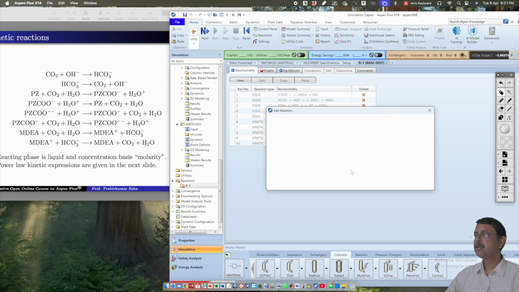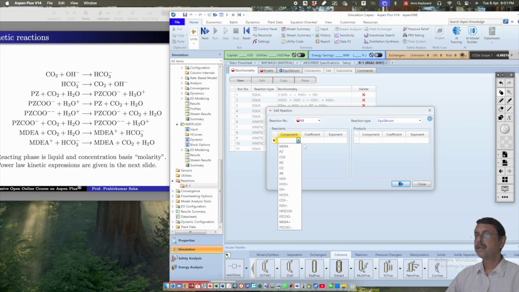Number 11. This is kinetic. This one plus CO2 plus H2O.